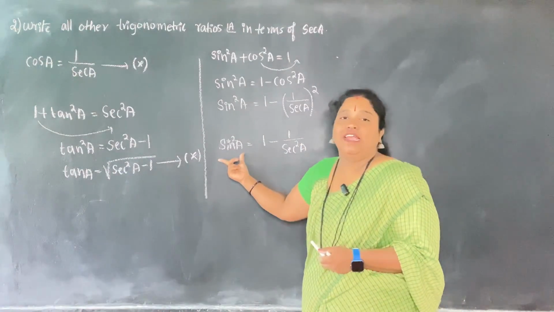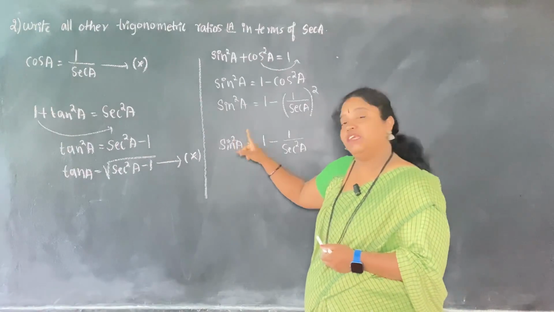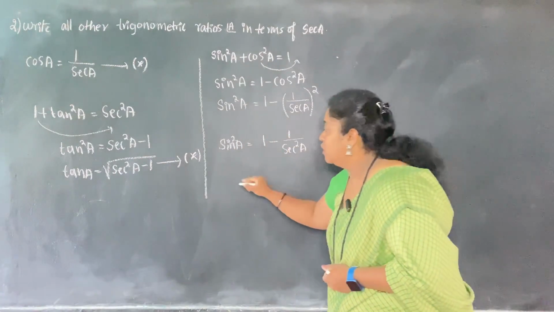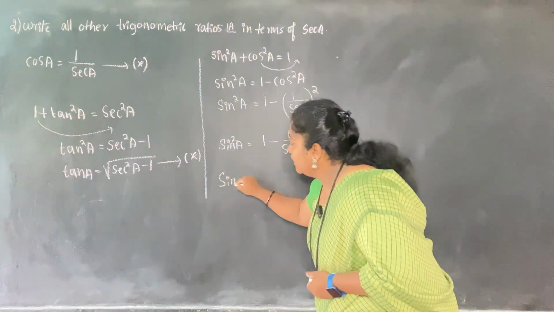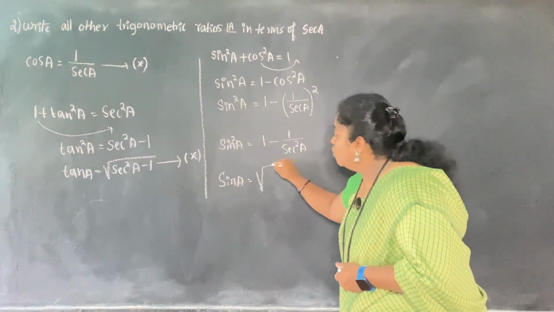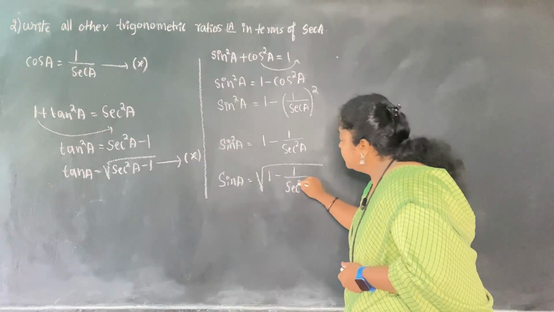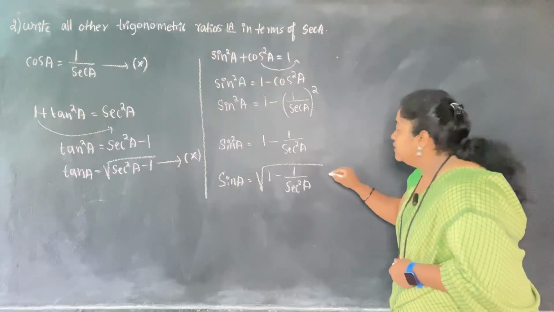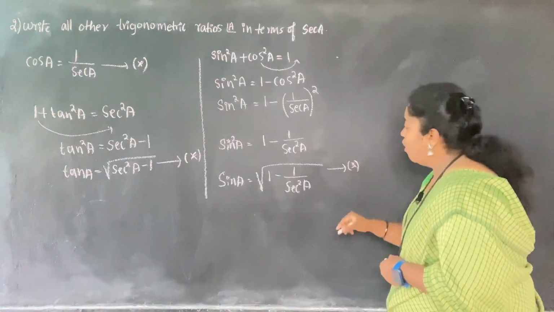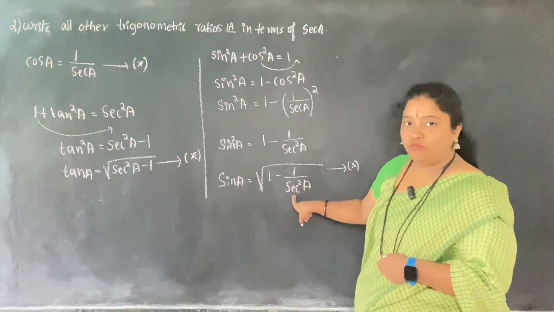It is not sine, it is sine square, dear. I need to bring the square to this side. It will become root. So sine A is equal to root of 1 minus 1 by secant square A. This is the representation of sine A in terms of sec A.